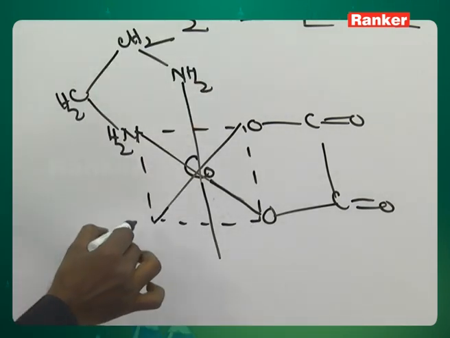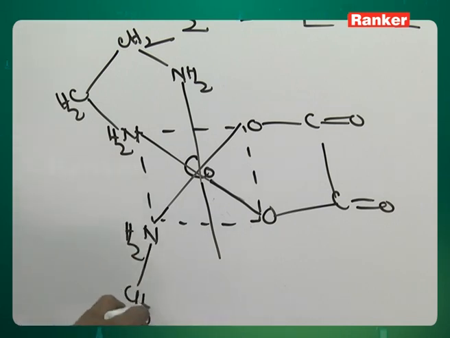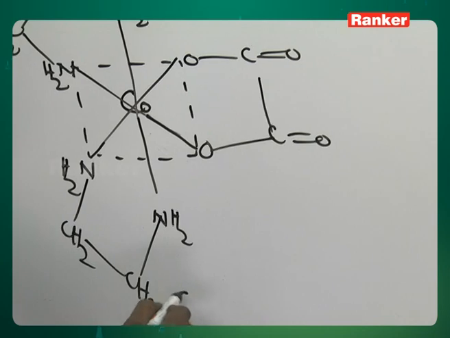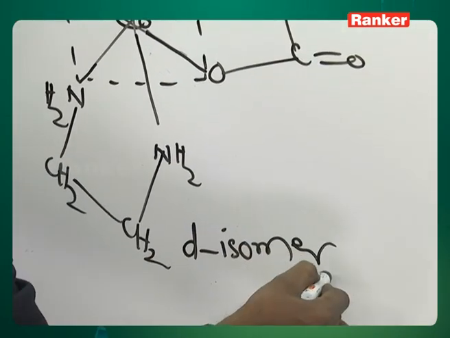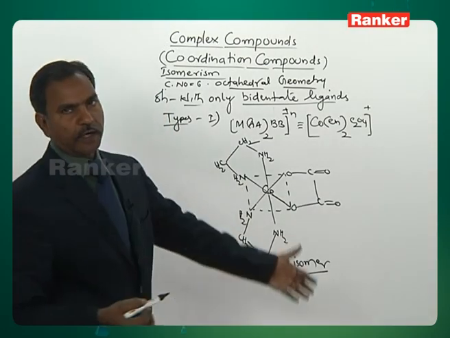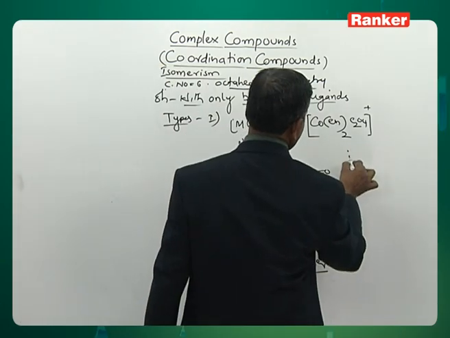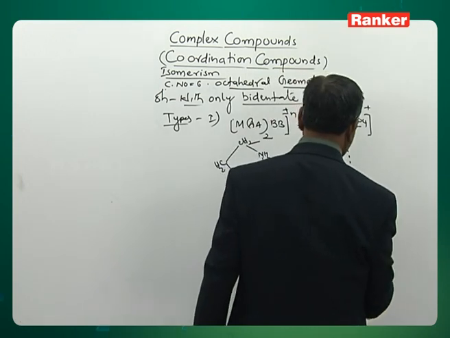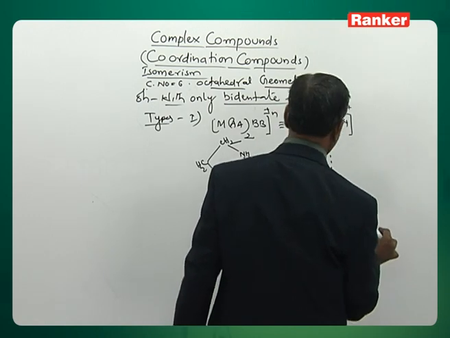The second one. Take this as the D isomer. Next, the mirror image you write for this.